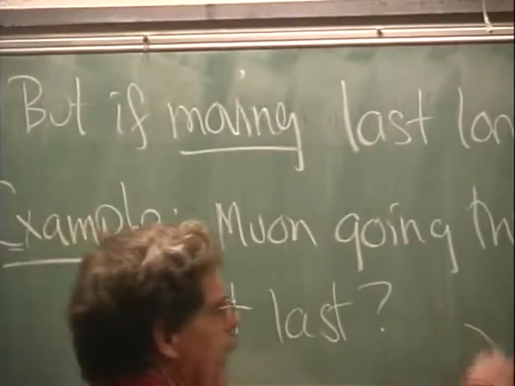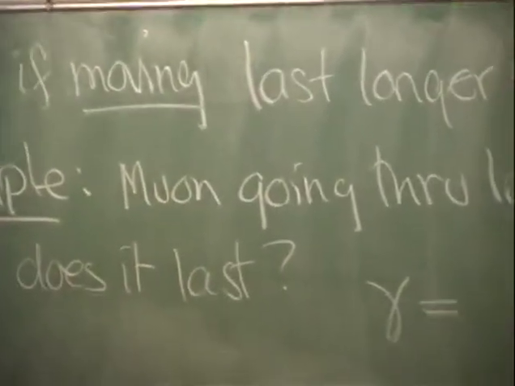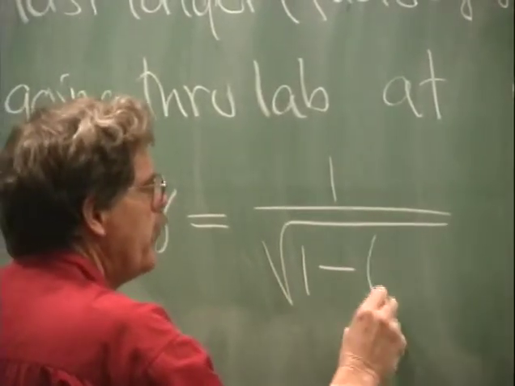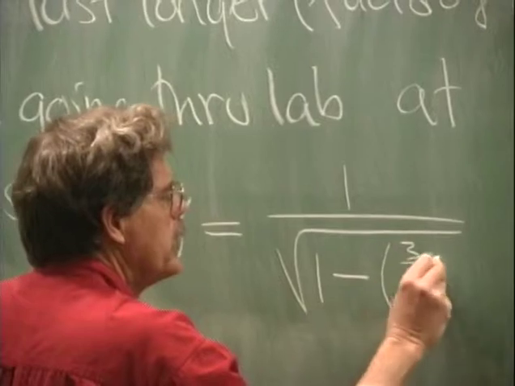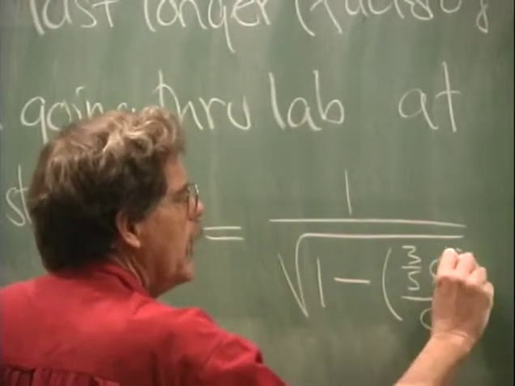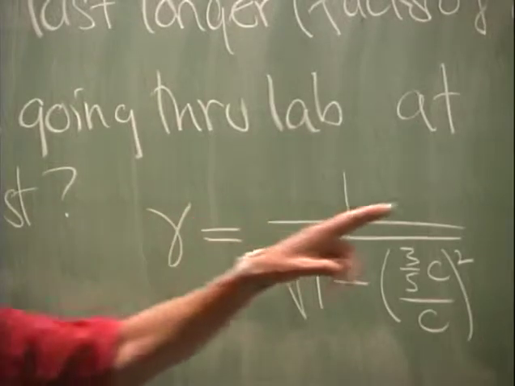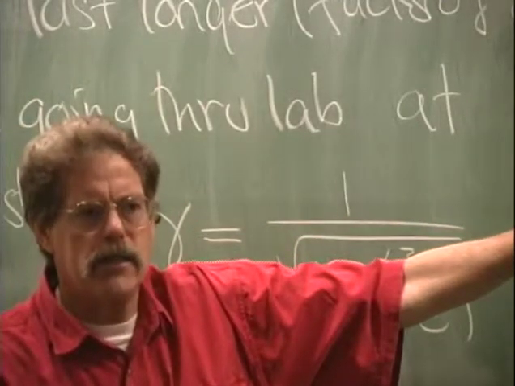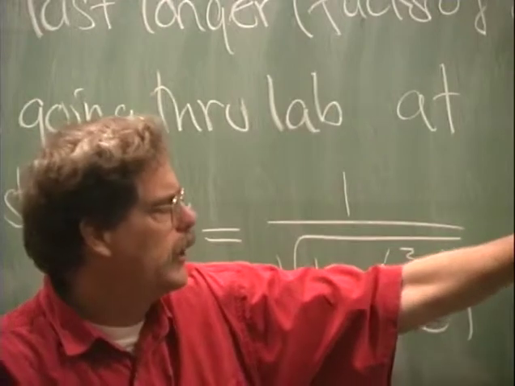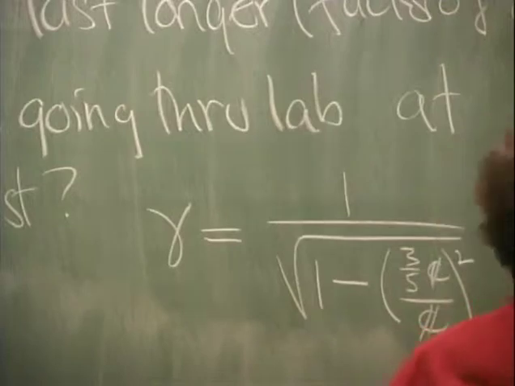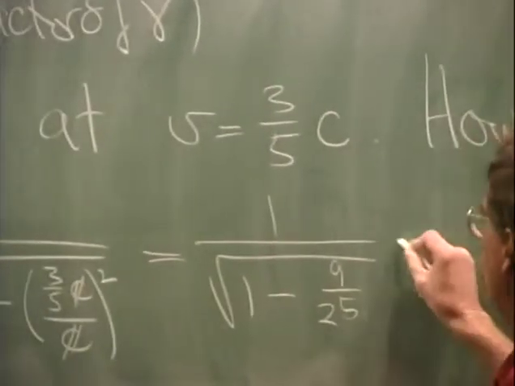Well, I gotta figure out what gamma is for such a muon. Gamma is 1 over the square root of 1 minus v, which is 3/5 c, divided by c, quantity squared. By the way, you should always love it if somebody gives you velocity as a fraction of the speed of light, because then the c's in a formula like this cancel out, and I just get 1 over the square root of 1 minus 3/5 squared, which would be 9 over 25.